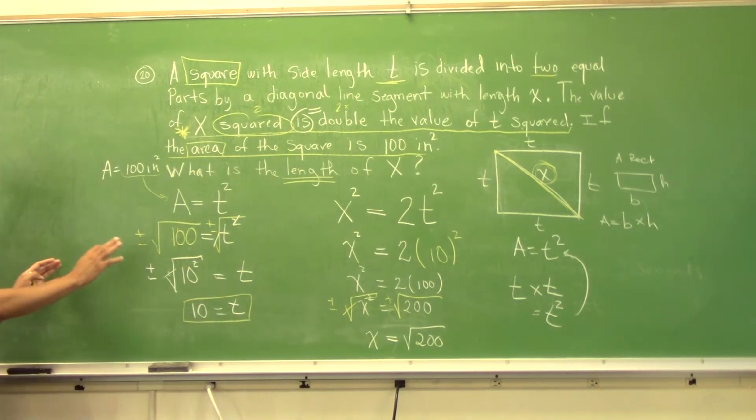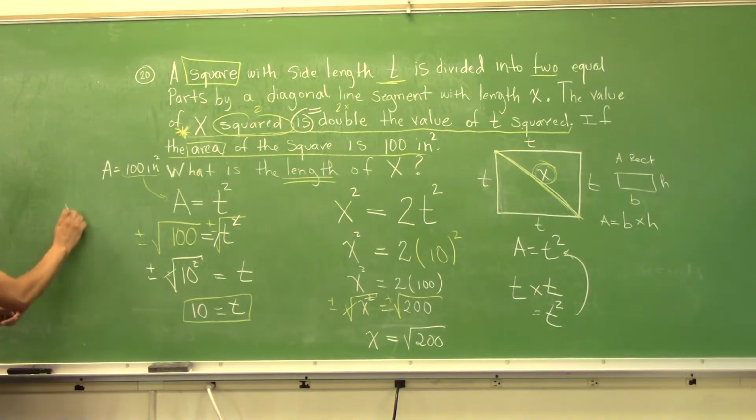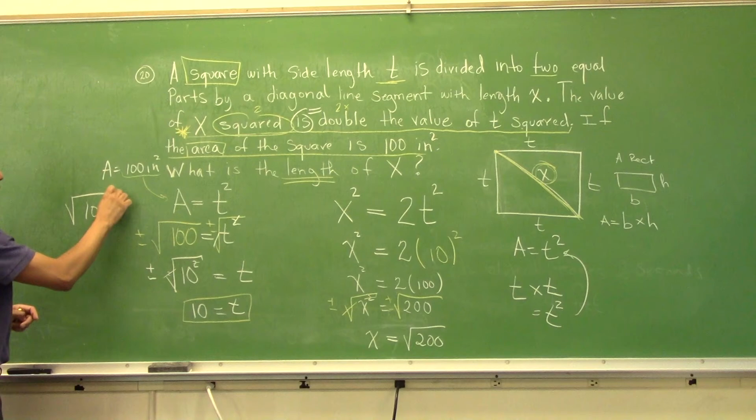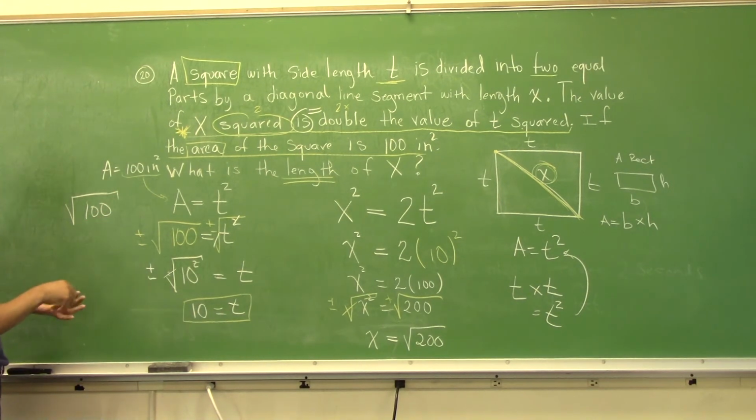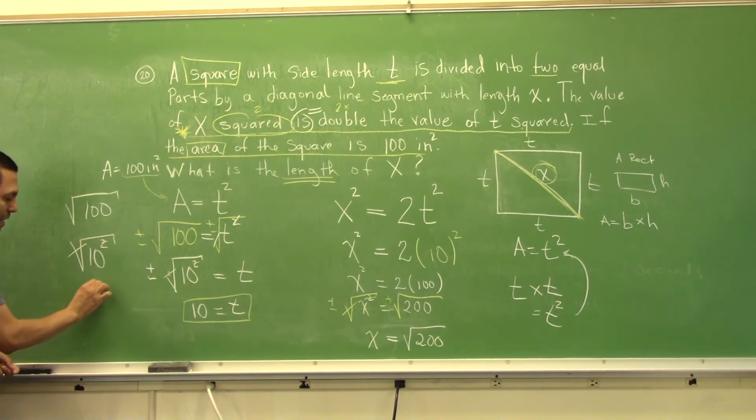Remember that for the square root of 100, the definition says that we need to find a number that multiplied 2 times will give me 100. That's why we have 10 to the second power. And that is the way we're going to get rid of the square root. So we said it is equal to 10.